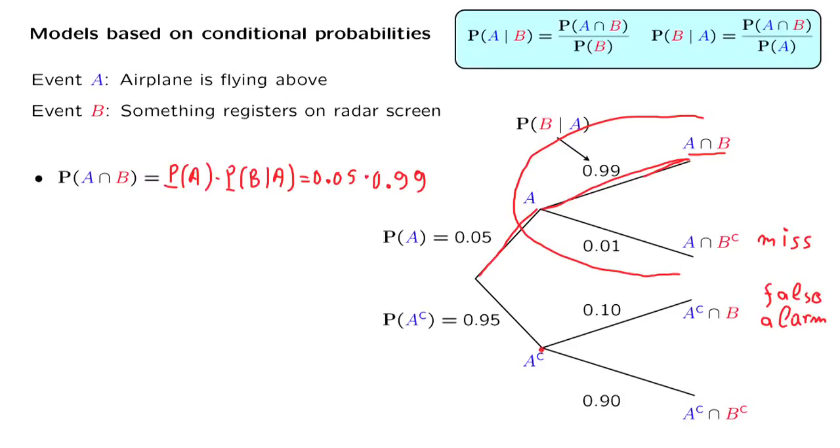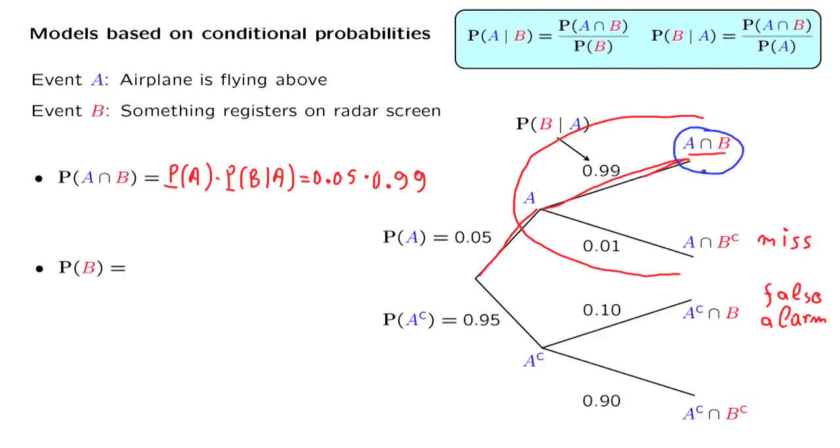How about a different question? What is the total probability that the radar sees something? Let us try to identify this event. The radar can see something under two scenarios. There's the scenario where there is a plane up in the sky and the radar sees it.